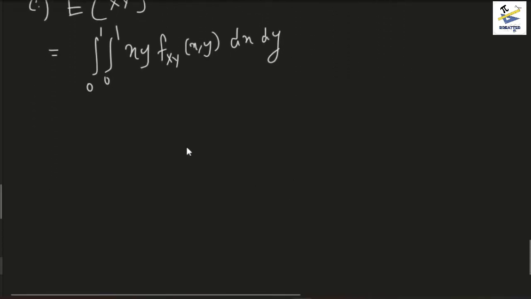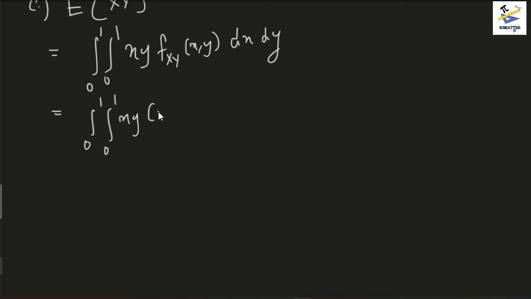Now this is going to be a long integral because let's see, 0 to 1, 0 to 1, xy times x plus 3 by 2 y square dx dy.